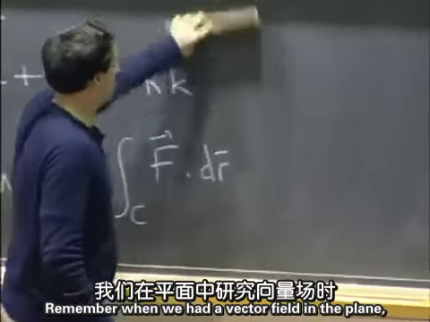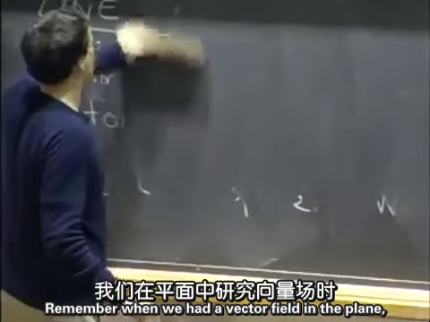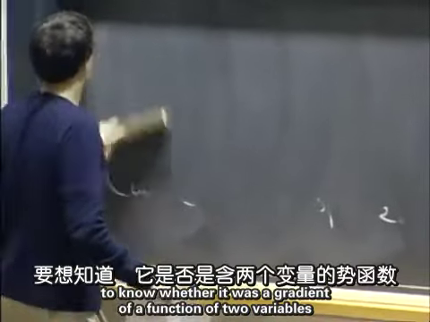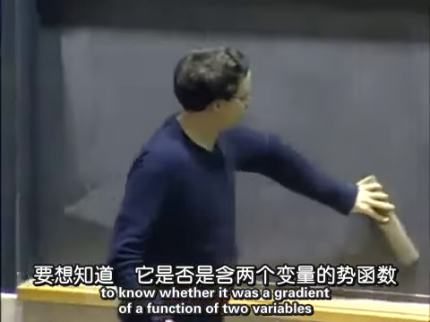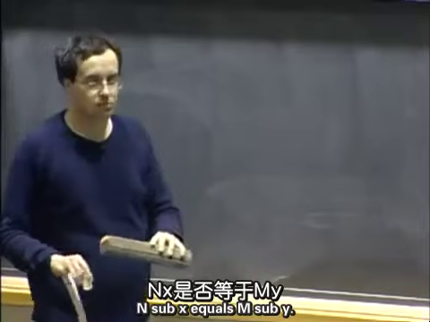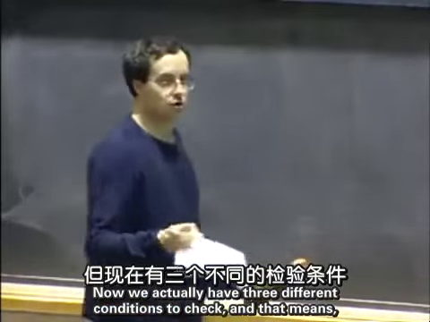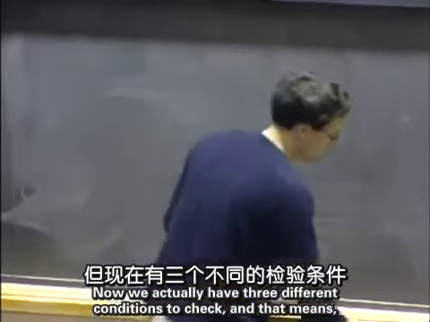So remember, when we had a vector field in the plane, to know whether it was the gradient of a function of two variables, we just had to check one condition, n sub x equals m sub y. Now we'll actually have three different conditions to check, and that means, of course, more work.